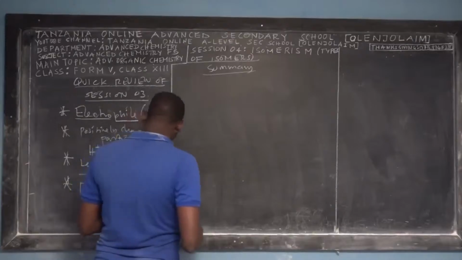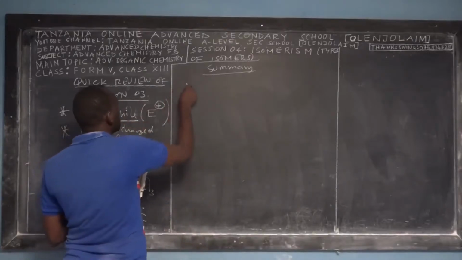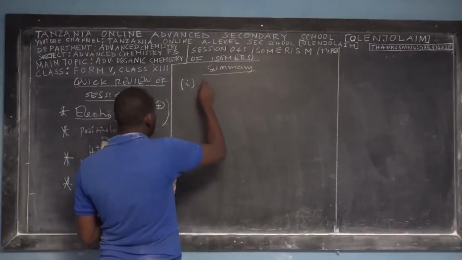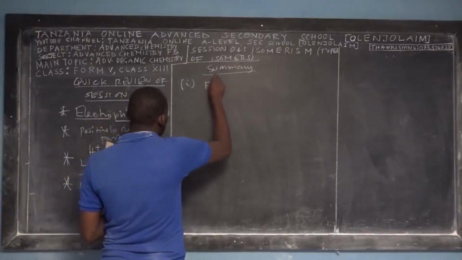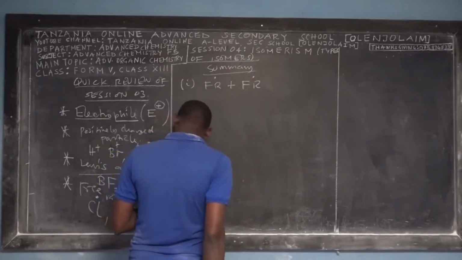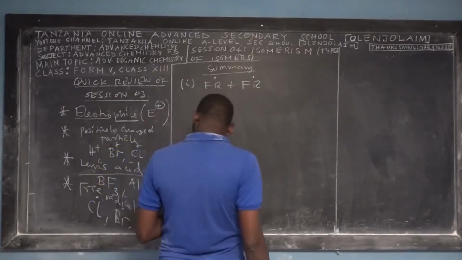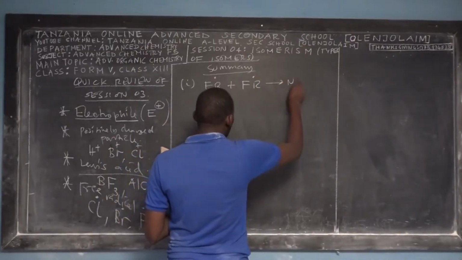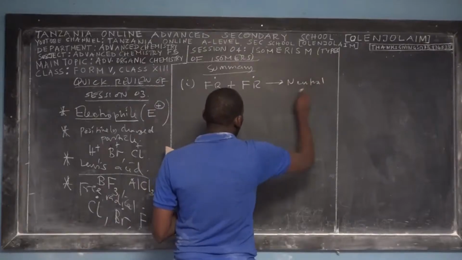So just the summary, let me give you this summary. We say that if you take a free radical and react it with another free radical, for example a chlorine free radical or a bromine free radical, this is going to give us a neutral molecule.